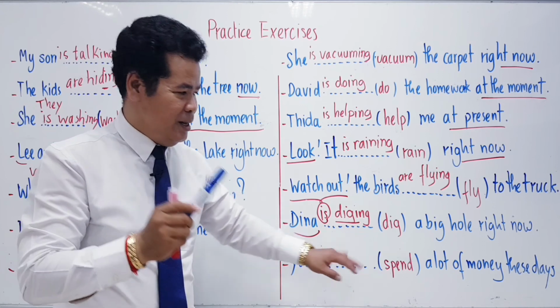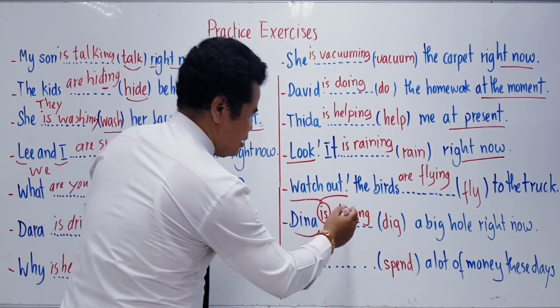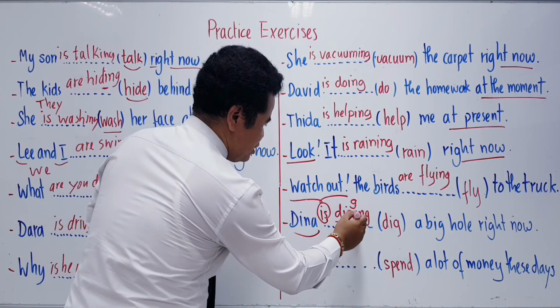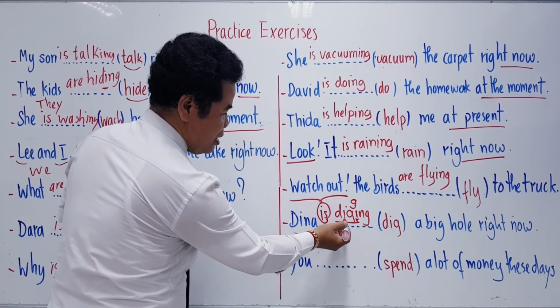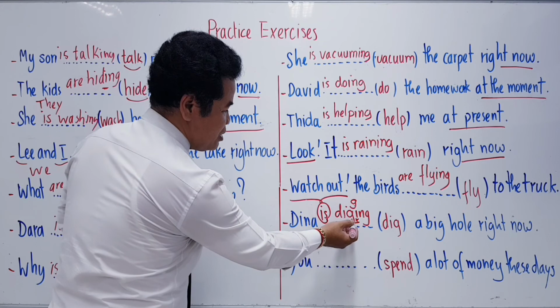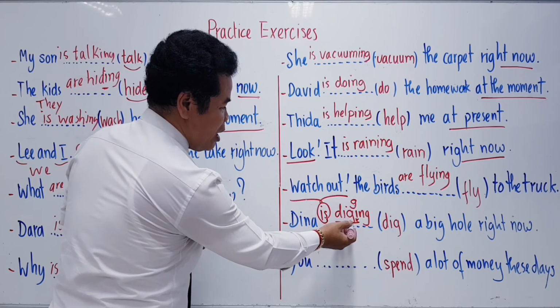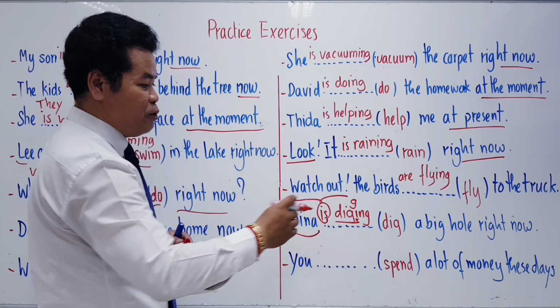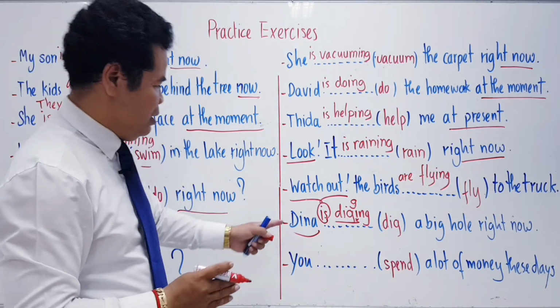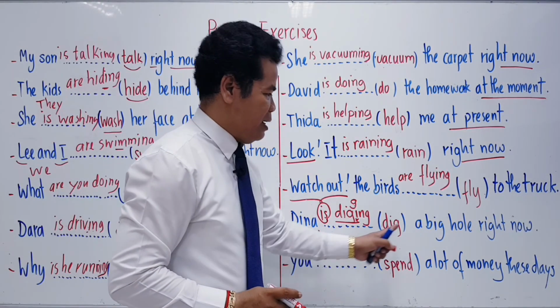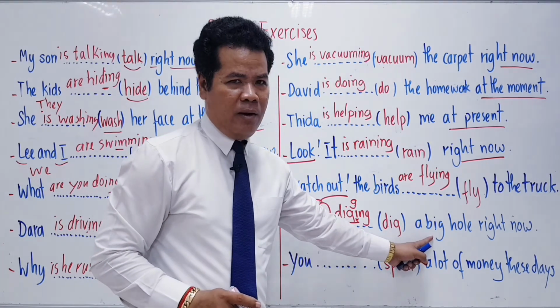Remember? One more G. So what is that? D is a consonant, I is a vowel, and G is a consonant. That's why before we add ing, we have to double the last consonant. So we have Dina is digging a big hole right now.